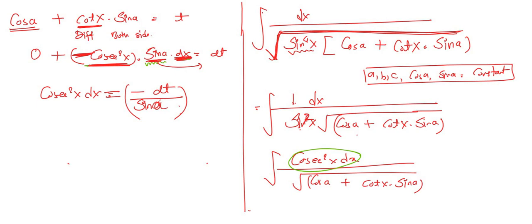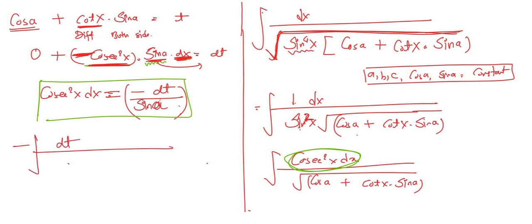So this is nothing but what I am getting. Correct? So let me put it, integration of minus dt by sine A, and this will become under root of t, because this I have considered as t.